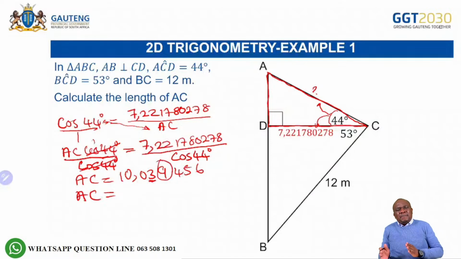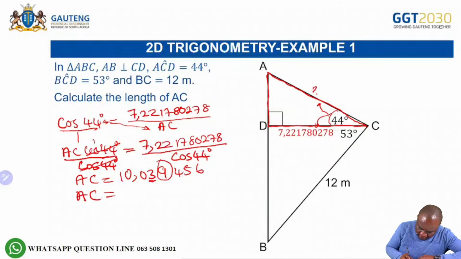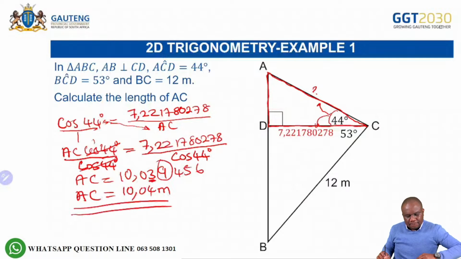Just look at the next number. Don't worry about the numbers that come after 9. Just look at the number next to the decimal place you want. So in this case, it's 9. 9 is greater than 5. It's 5 or more. So this becomes 4. 10.04. Is it centimeters? No, meters. Done. Okay.